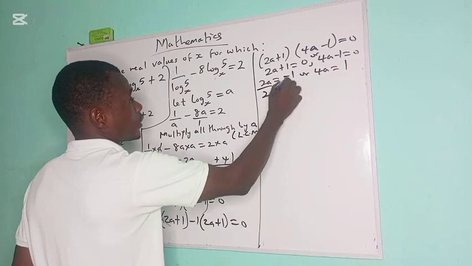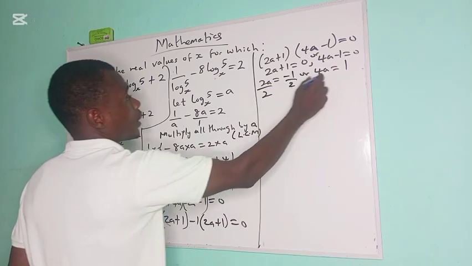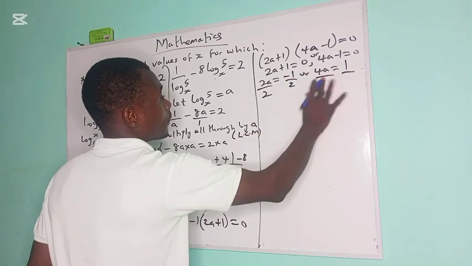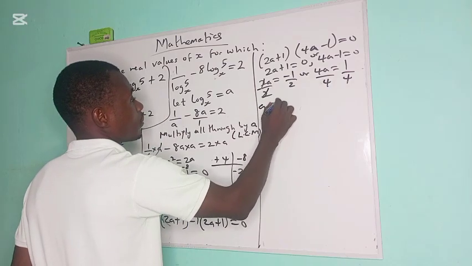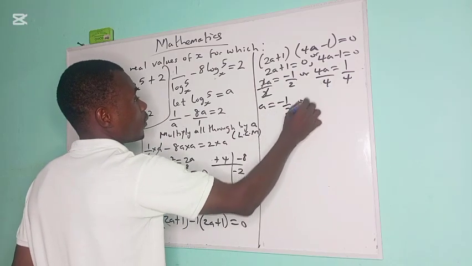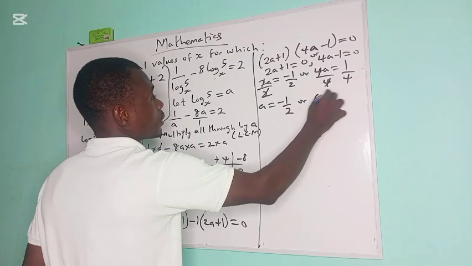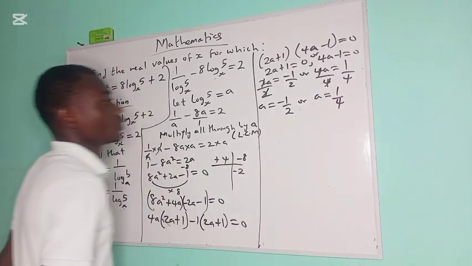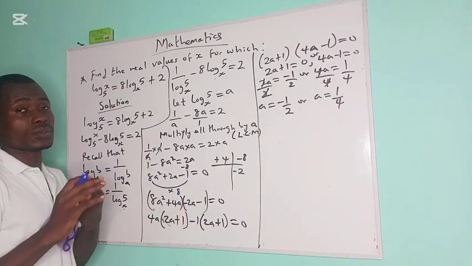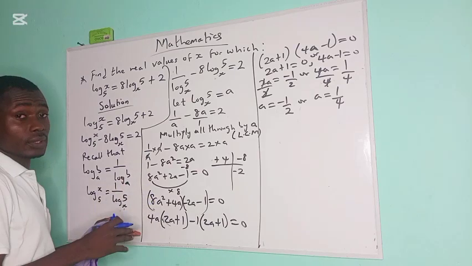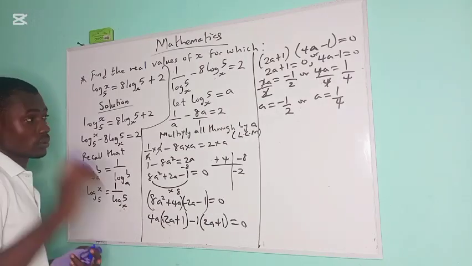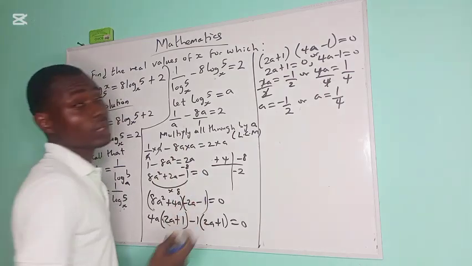So divide both sides by 2 here, and divide both sides by 4 here. So we have a is minus half, or a is equal to 1 over 4. So we are getting two solutions because the power is of degree 2. So two solutions. So have you found what you are looking for?